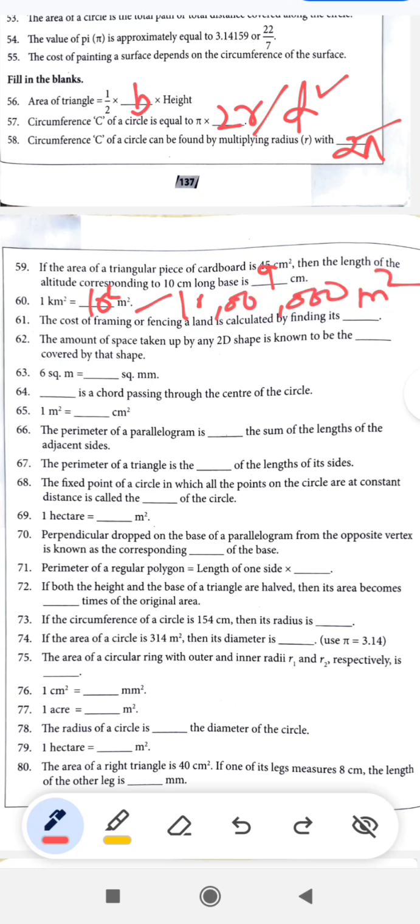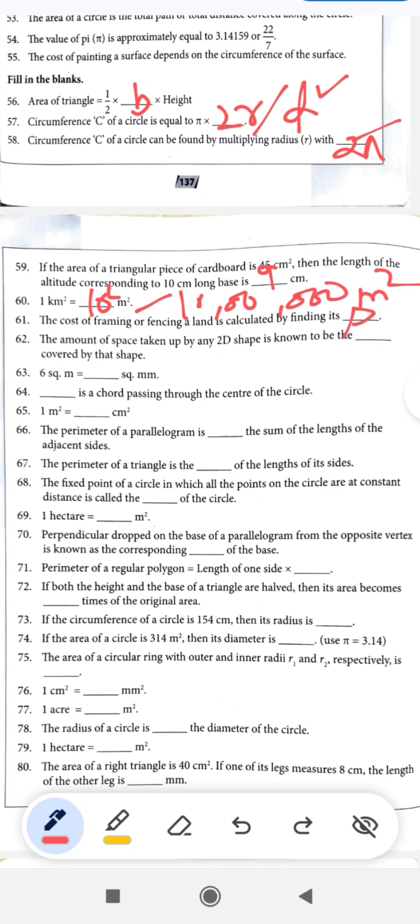Now the cost of framing or fencing a land is calculated by finding its perimeter, because for fencing, wiring or walling we need to find the perimeter, where only the side work is there. The amount of space taken up by any 2D shape is known to be the dash covered by that shape.